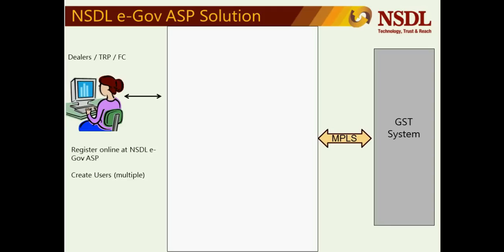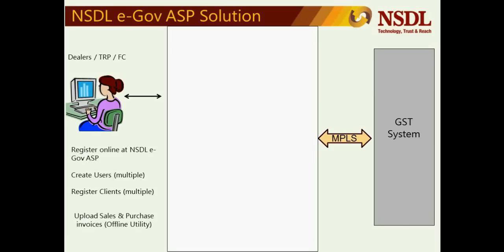You will create your users after registration. Then you would register your multiple GSTNs under the same user ID and password. The first step would be to upload the sales and purchase invoices using the offline utility which will be provided to you by NSDL eGov.